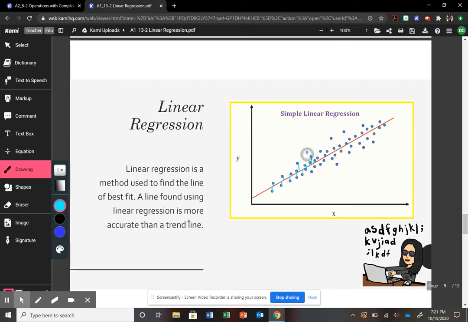When I add these distances all together, we have to make that amount very small, and that's what gives us the really good linear regression, or the really good line of best fit.